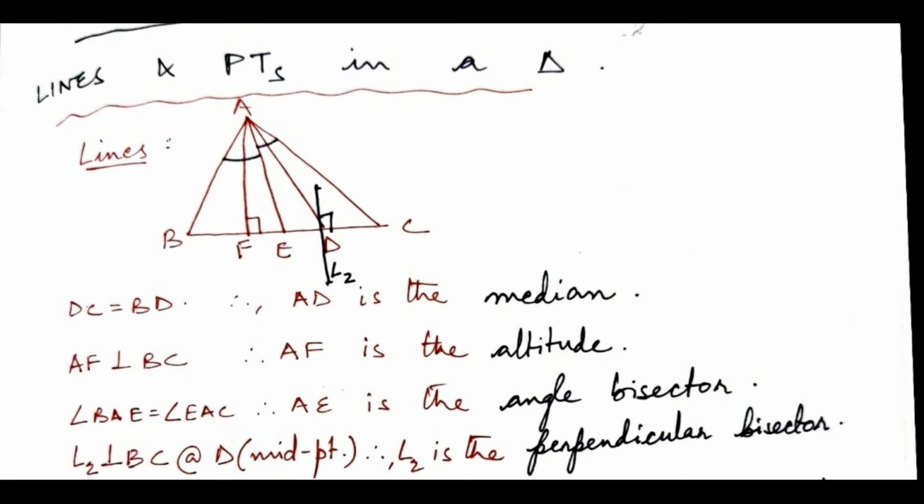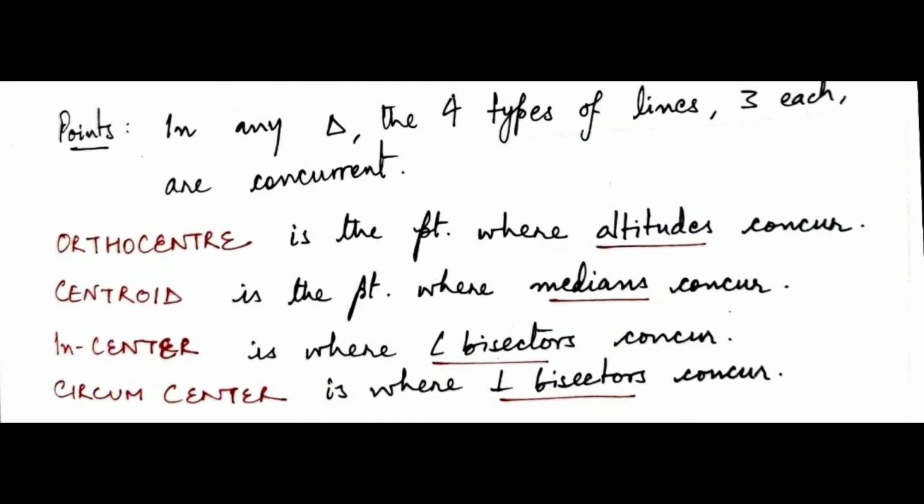Now, in any triangle, the 3 medians are concurrent. So are the 3 angle bisectors, the 3 perpendicular bisectors, and the 3 altitudes. All of these are concurrent. Now let us see the important points of a triangle. Where the 3 altitudes meet is known as the orthocenter.